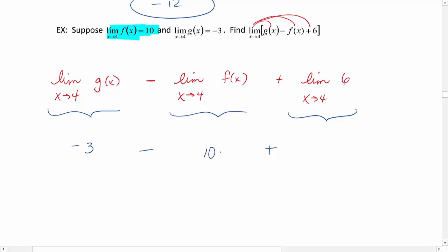And lastly, we have the limit as x approaches 4 of 6. The limit of a constant is that constant. So we have -3 minus 10 plus 6. Our limit is equal to -7.